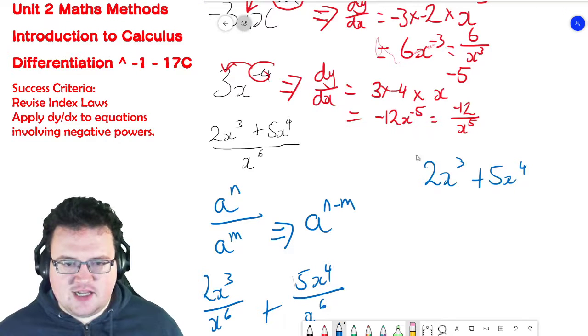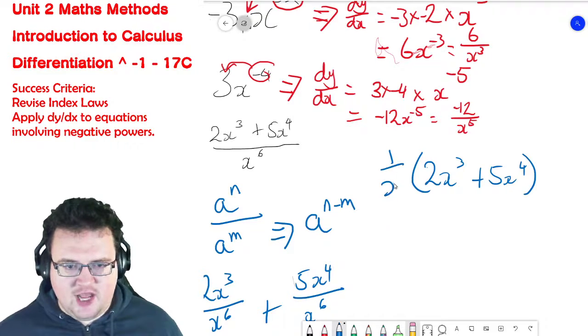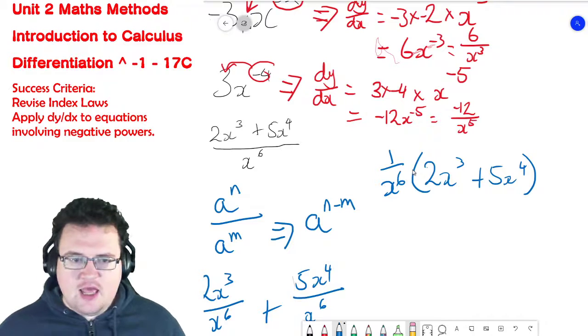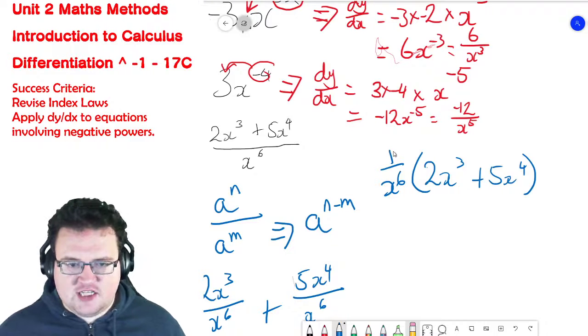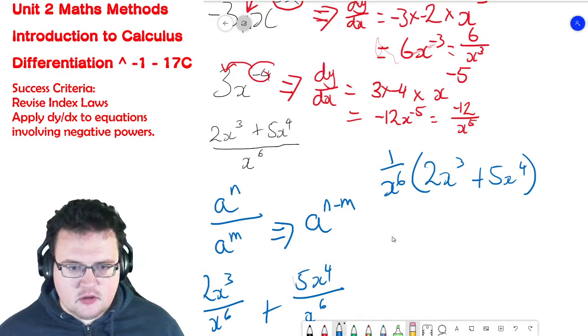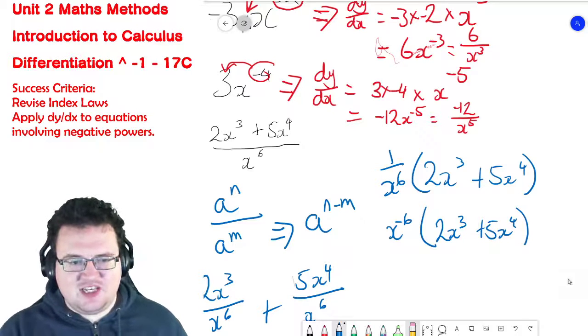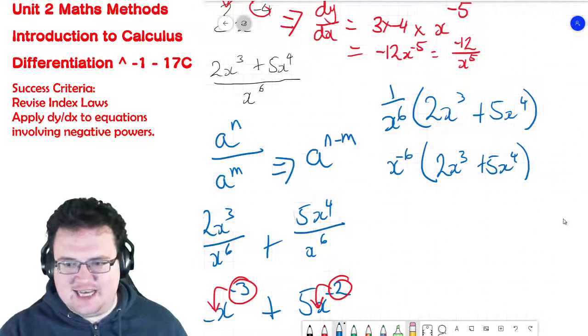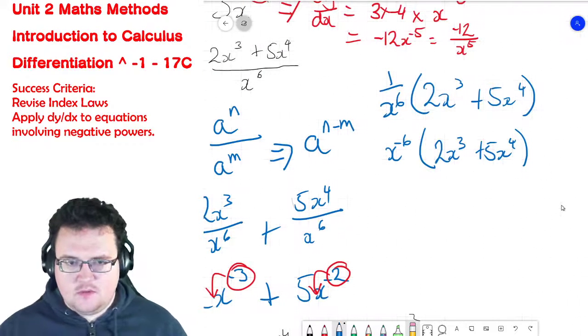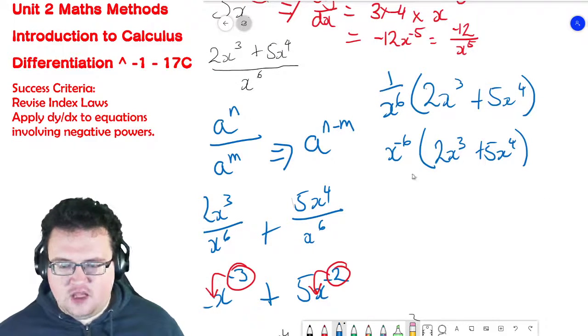And what I can do is I can express this as being all times by 1 on x to the 6. If I convert 1 on x to the 6 to x to the minus 6, 2x cubed plus 5x to the 4, I can take advantage of a different index law.